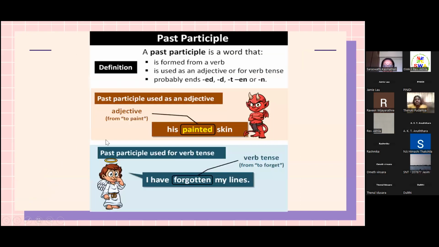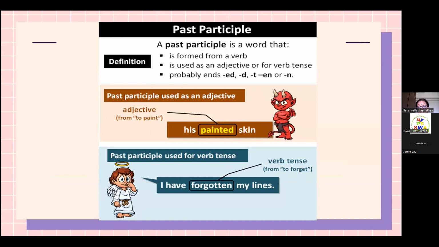In English, we have grammar, we have verbs. Verb means action words. But we also have tenses: past tense, present tense, future tenses. The word fallen belongs to the past participle.